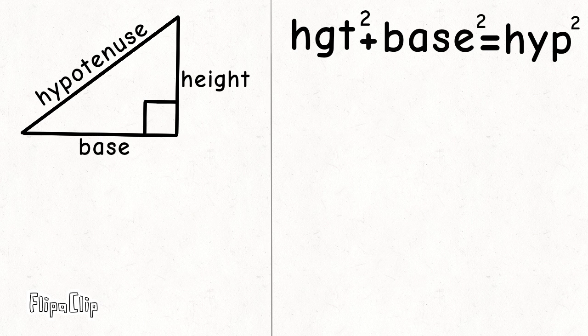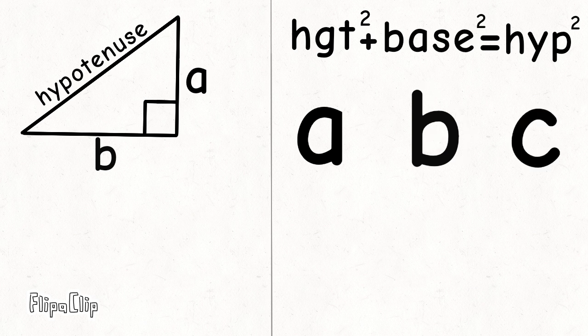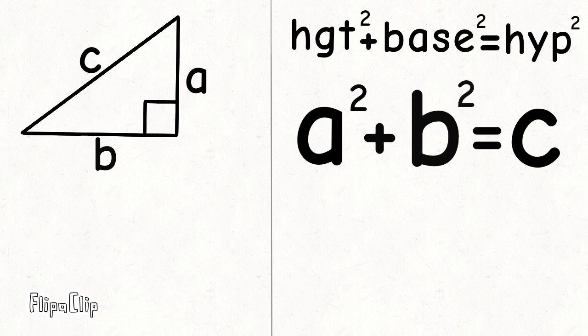So, we'll use the letter A to represent the height of our triangle. We'll use the letter B to represent the base of our triangle. And we'll use the letter C to represent the hypotenuse. So, we can represent this as A squared plus B squared is equal to C squared. And this right there is the Pythagoras Theorem.